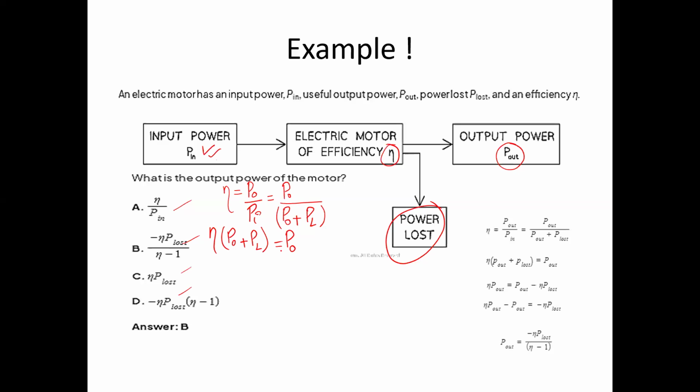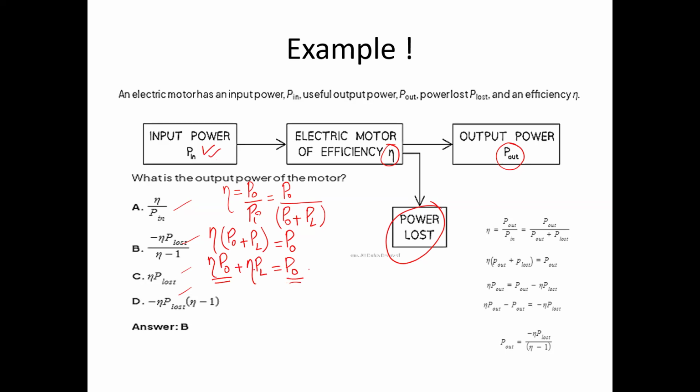Is this fine? Next, we are going to multiply all of them. So efficiency into output power plus efficiency into lost power will be equal to output power. Because we want to find the output power, let's make output power the subject.